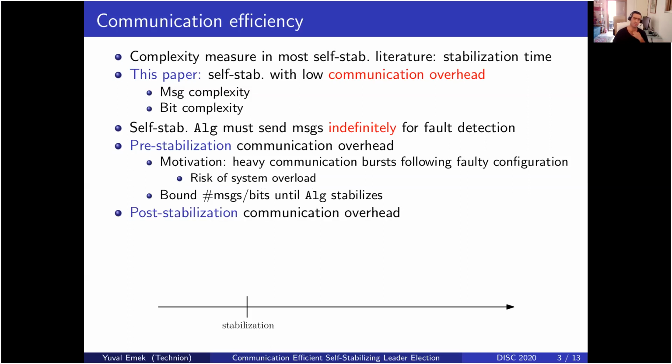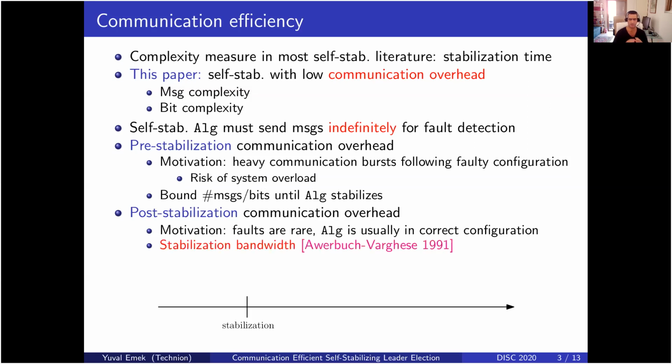The second approach is to look at the post-stabilization communication overhead. This is motivated because faults tend to be relatively rare, which means that most of the time the algorithm is in a correct configuration. And the measure that people use here is the stabilization bandwidth that was introduced in a seminal paper by Awerbuch and Varghese from '91.